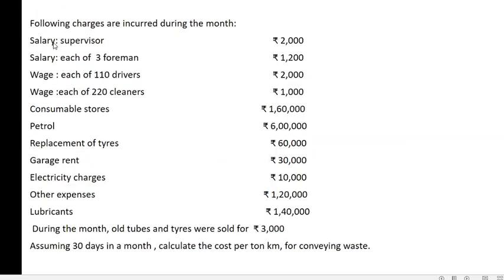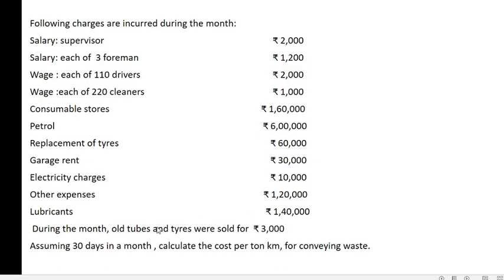The charges: salary of supervisor rupees 2000, salary each of 3 foremen rupees 1200, wages each of 110 drivers rupees 2000, wages each of 220 cleaners rupees 1000, consumable stores rupees 1,60,000, petrol rupees 6 lakh, replacement of tires rupees 60,000, carriage rent rupees 30,000, electricity charges rupees 10,000, other expenses rupees 1,20,000, lubricants rupees 1,40,000.